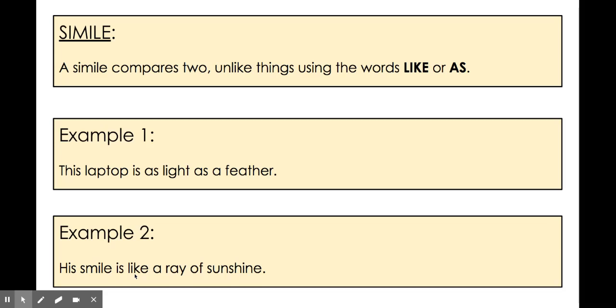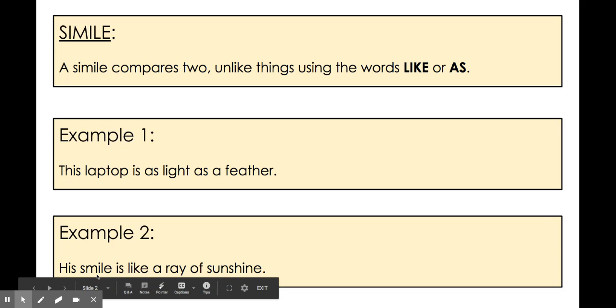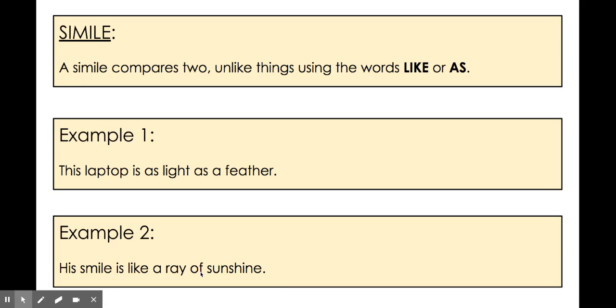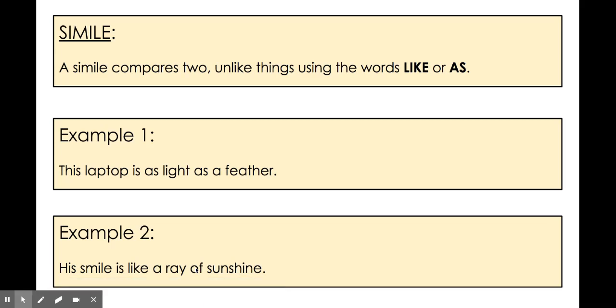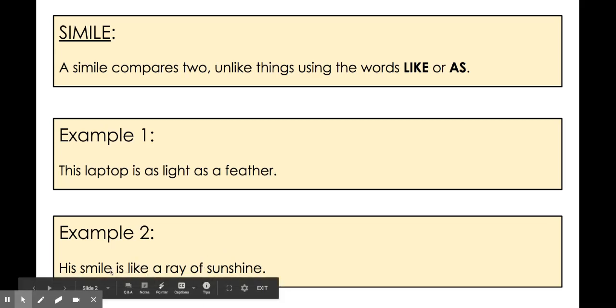In this example, the comparison is his smile to a ray of sunshine. A ray of sunshine is very bright and cheery and happy, and it makes you feel good. Well, they are saying that his smile is like that. It is very bright and cheery and happy too. So they are comparing his smile to a ray of sunshine.